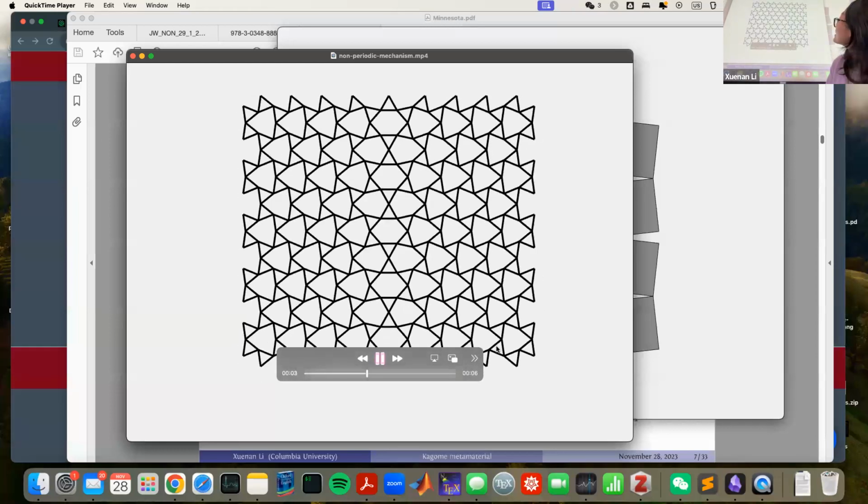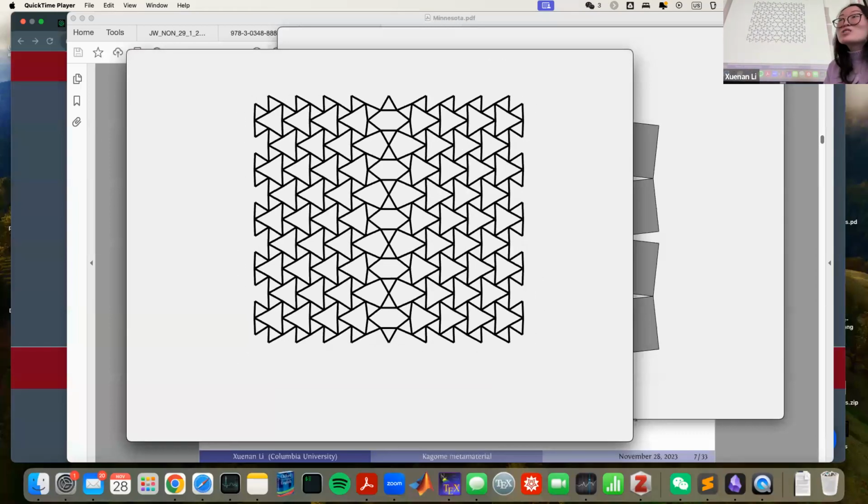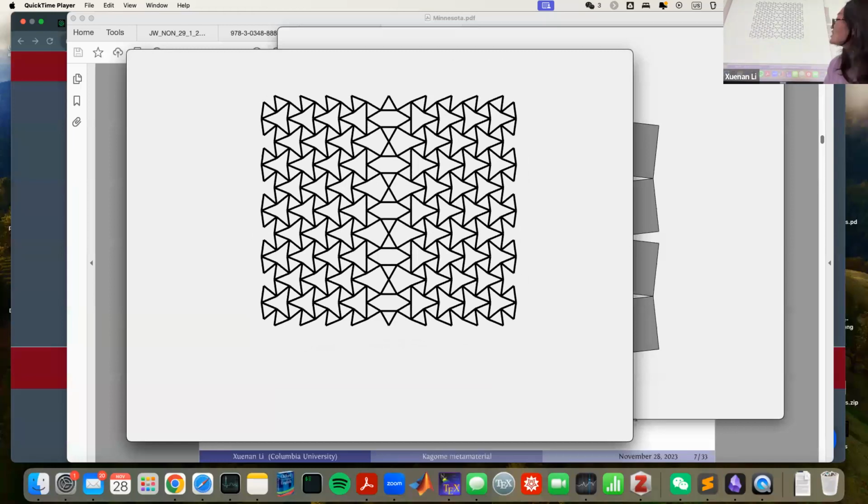And what's happening here is some angles change. You see there is a shrinking, but the deformation state is symmetric to each other in the middle. So this is definitely not periodic. This is what we call a non-periodic state. This is also a mechanism, because all the equilateral triangles remain equilateral triangles and the side length is still the same. So I'm not deforming the panels. So there is very small energy.